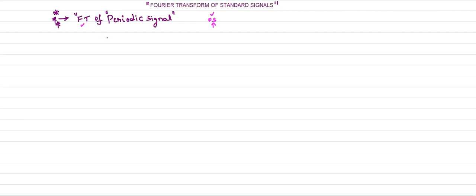So here I am considering the complex exponential Fourier series expansion. In that, the periodic signal x of t with the period T is expressed using this formula, which all of you already know: sum from minus infinity to plus infinity of Cn e power j n omega naught t. So this is the complex exponential Fourier series expansion.